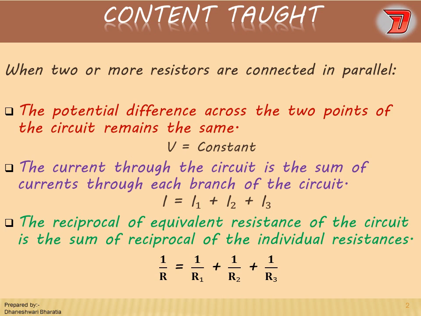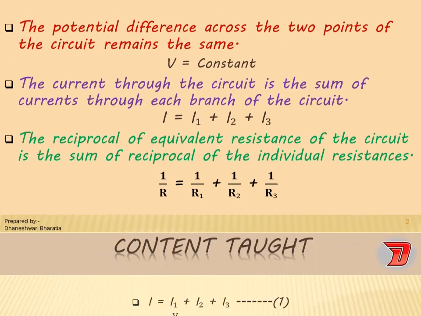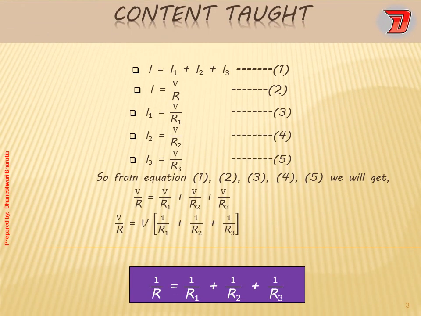The current changes, that is the total current will be nothing but the sum of currents through each branch of the circuit, and the reciprocal of equivalent resistance Rp of the circuit is the sum of reciprocal of the individual resistances. Okay, and I told you all to learn the derivation also, and hopefully you must have learned it. Just have a quick look of the derivation what we saw in the last video.